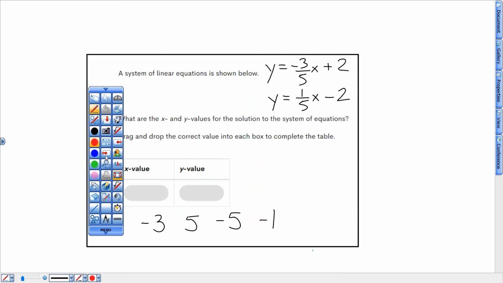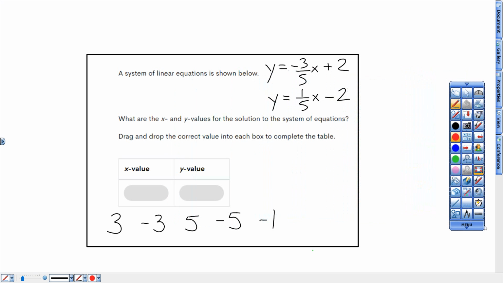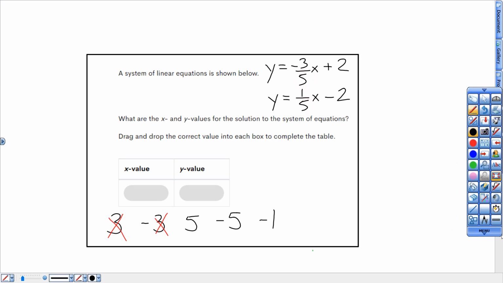These problems, you're plugging in the numbers and seeing which one gives you the same y number. I would shy away from these threes, because these threes are not a factor of this 5 down here. If you were to plug in a 3 for x in those, you would be dealing with a fraction. But those other numbers, if you plug in a 5, you'll be dealing with no fractions. So here I go.